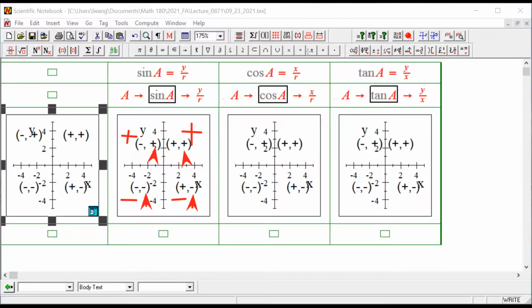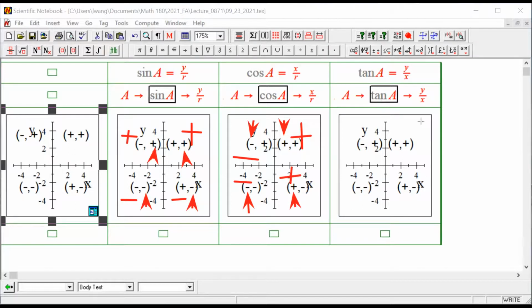For cosine, we will be looking at what sign? The sign of x, the first coordinate, right? So we figure out that cosine is positive, negative, negative, positive.